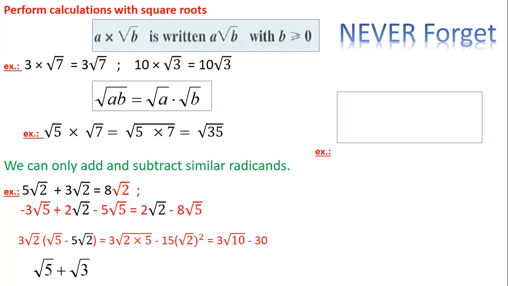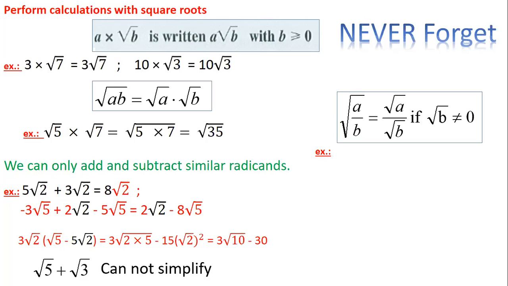We can only add and subtract similar radicands. So if I have 5 radical 2 plus 3 radical 2, since in both the radicand is 2, we can add the coefficients 5 plus 3, it is 8 radical 2. If I have radical 5 plus radical 3, we cannot add them because the radicand 5 is different than the radicand 3.